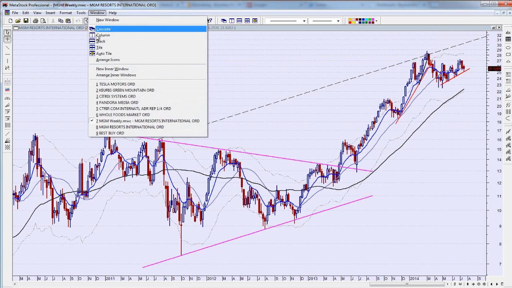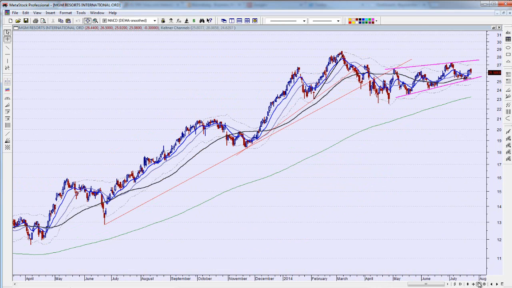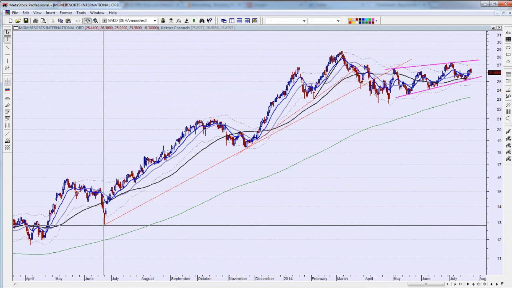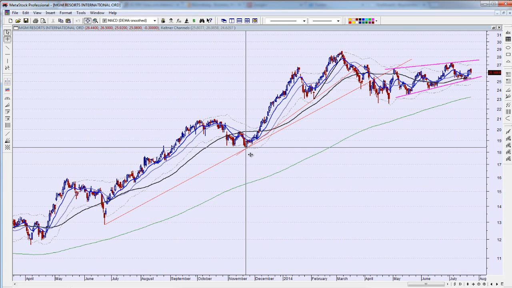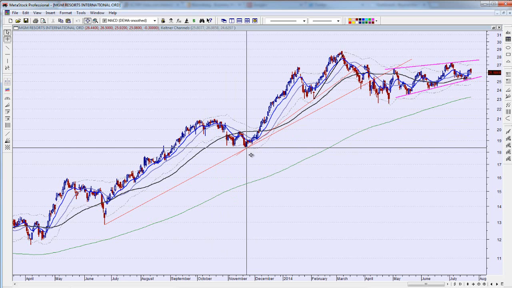Let's roll over and take a look at the daily chart. Okay, so here we are. Let me rescale this. All right, the trend line here from June of last year, when we had that correction, and a little November sell-off, kind of a sideways sell-off.